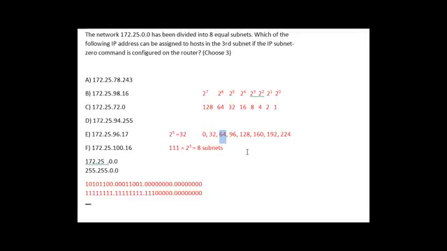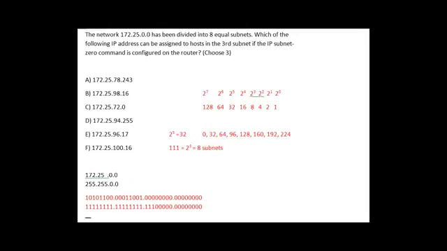If we write that out, that would be 64.0 all the way to 95.255. This would be the network, and this would be the broadcast. So now it makes it easy.